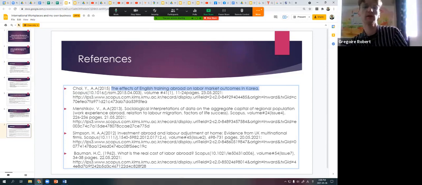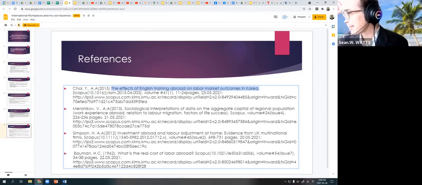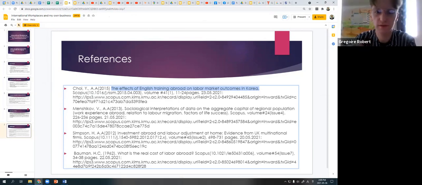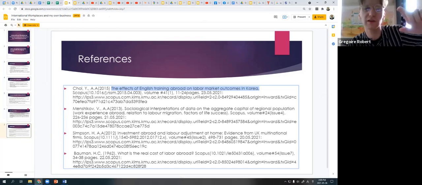Gregoire, go ahead. What's your guess? Maybe this reference is not linked, it doesn't show where it is used in the paper. Like you see a reference, but you don't know where it is in the paper.